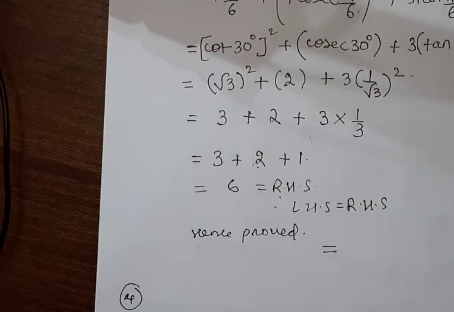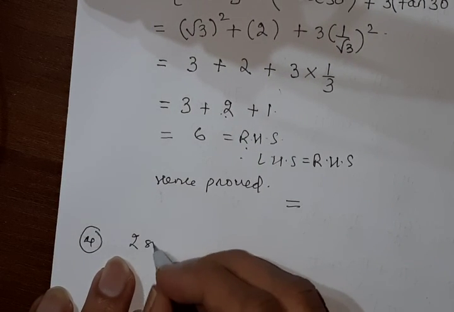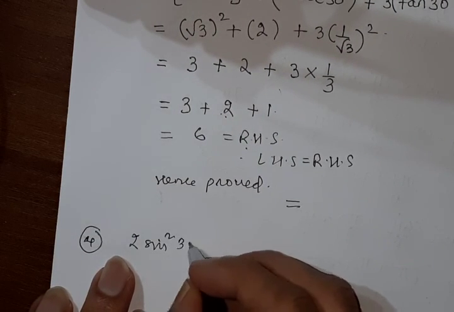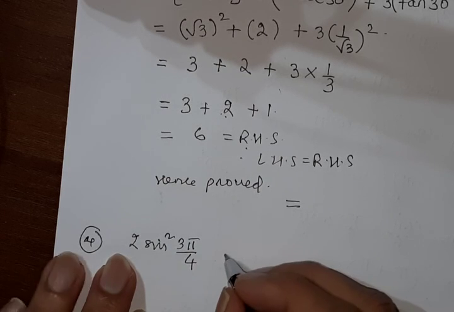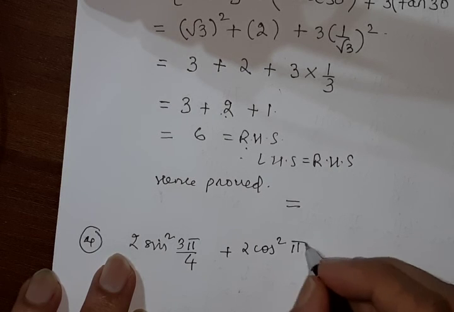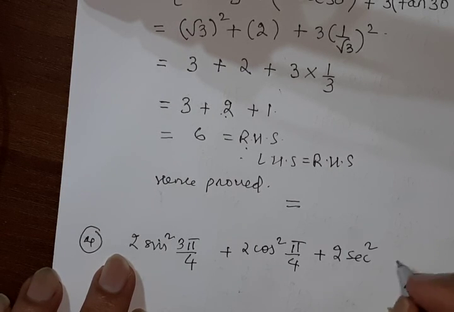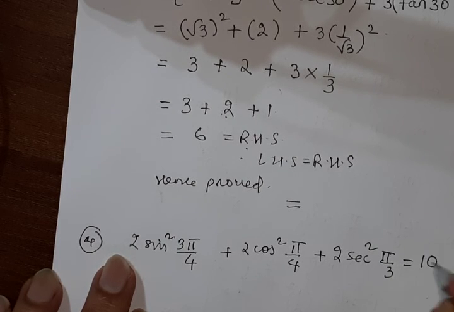So this we have to prove. So 2 sine square 3 pi by 4, plus 2 cos square pi by 4, plus 2 sec square pi by 3 is equal to 10.